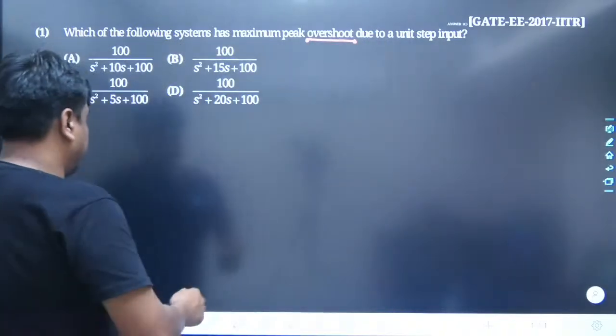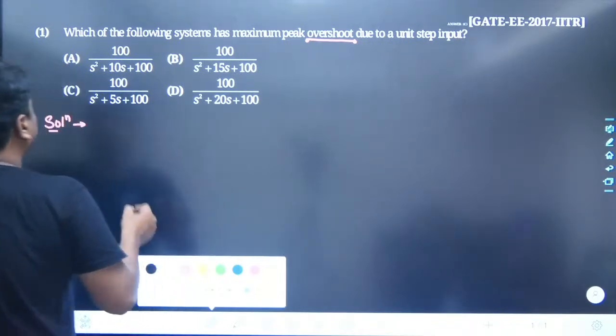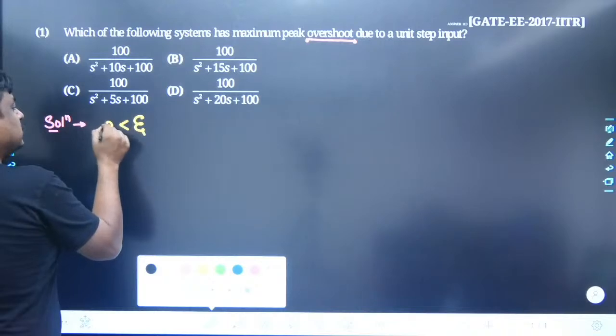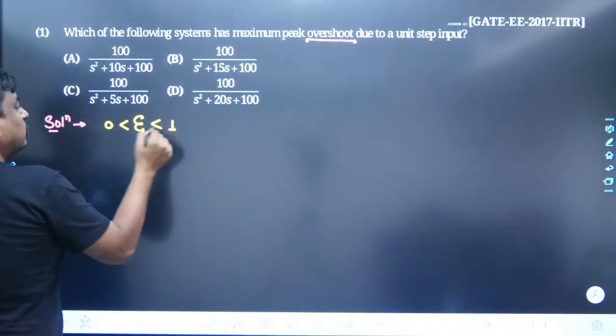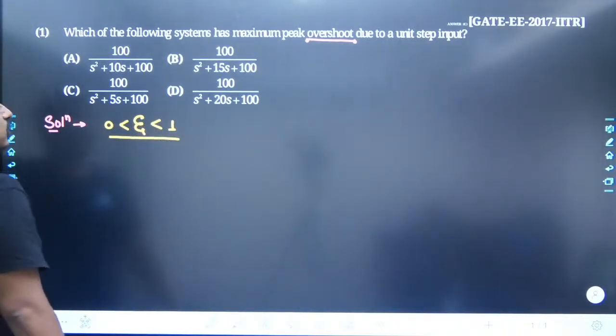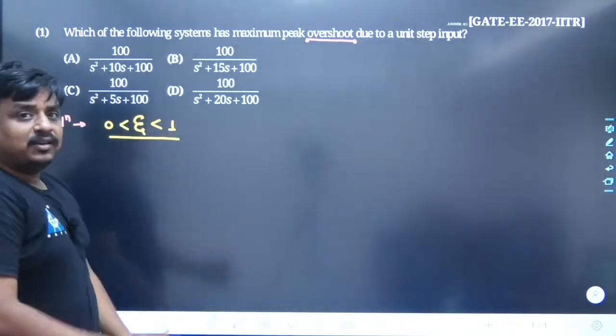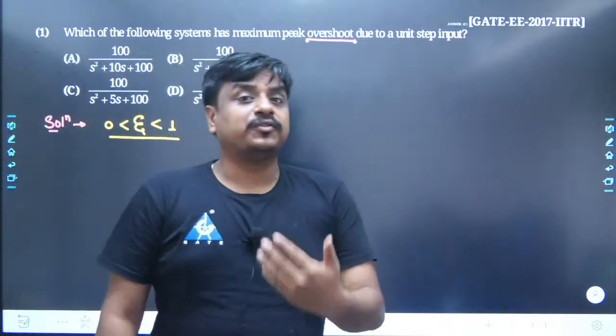So one thing is quite sure, as far as this problem is concerned: the value of zeta has to be between 0 and 1, neither 0 nor 1. Now what happens as the value of zeta increases? The damping coefficient increases.